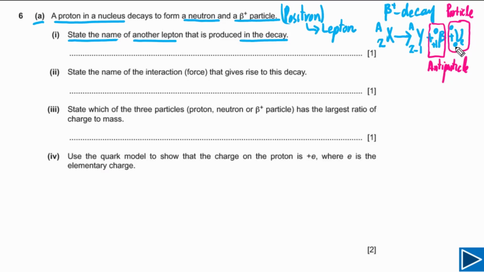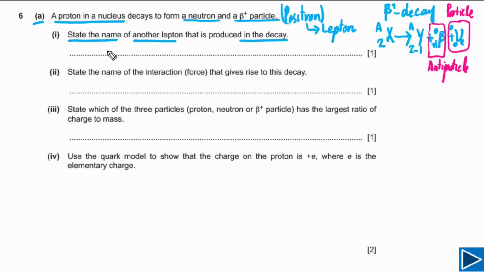This is the point you need to understand about particle and antiparticle. This is due to lepton number, meaning the lepton number has to be conserved. That's the reason one has to be a particle and the other an antiparticle, because a lepton has a lepton number of plus 1 and an anti-lepton has a lepton number of minus 1.